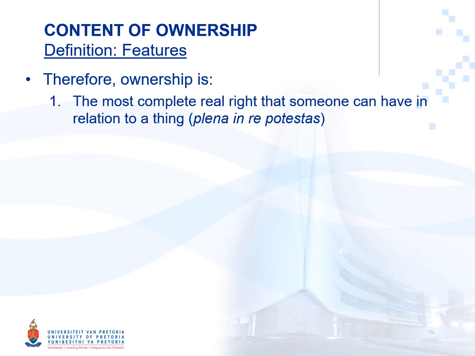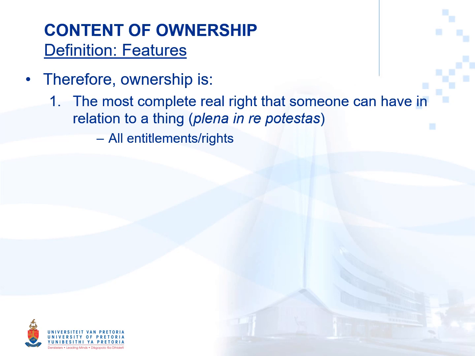Firstly, ownership is the most complete right a person can have on or over a thing. In other words, if you are the owner, your rights and entitlements to your property will be those with the most substance in relation to that property. No one can have more rights in the thing than the owner. If there is a right someone can have in a thing, an owner probably has it.